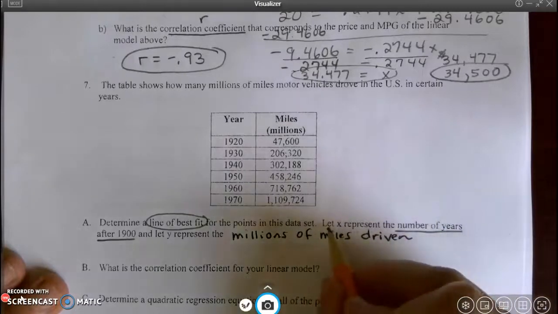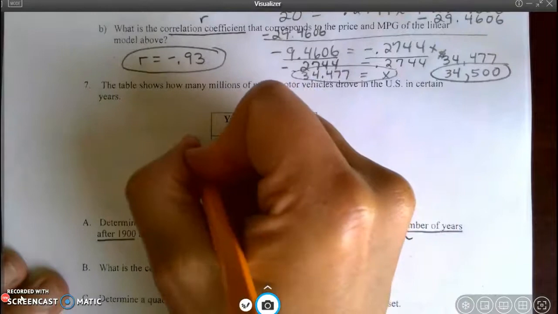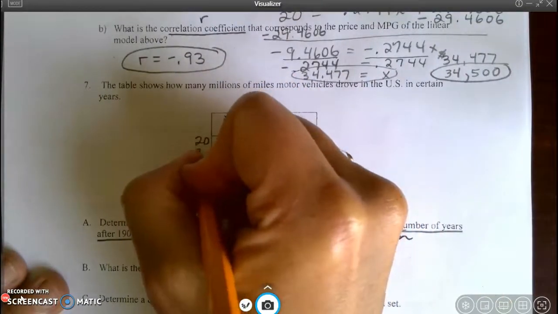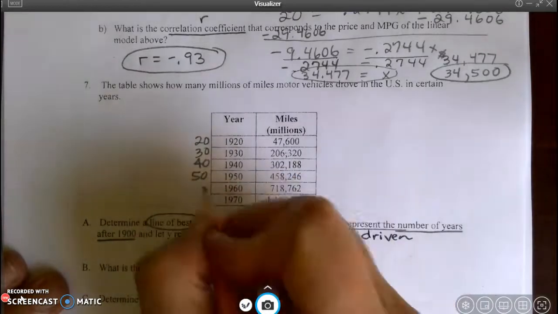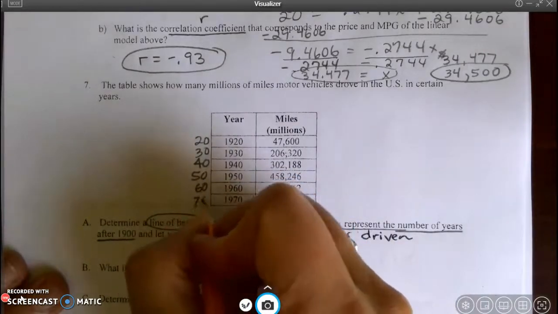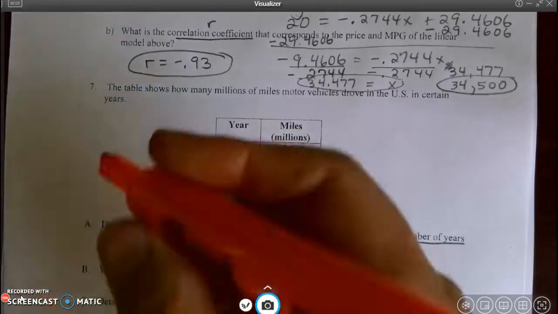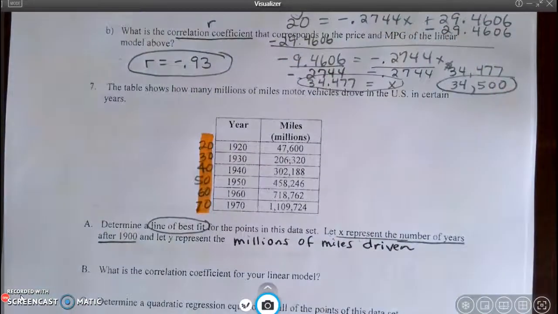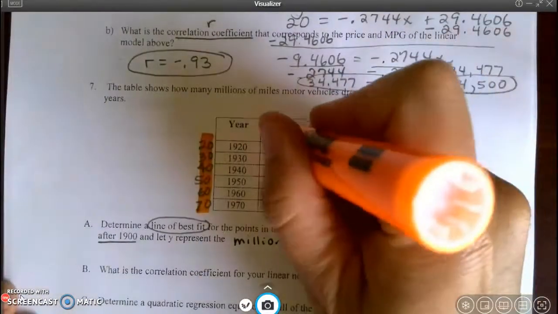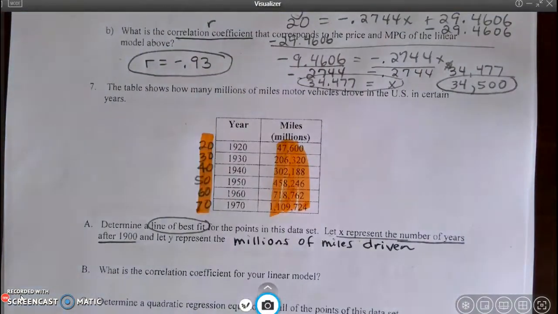So if I'm doing number of years after 1900, this column here would actually be 20. This would be 30, 40, 50, 60, and 70. So when I enter my data into the calculator, these are going to be my L1 values, and this column here would be my L2 values.